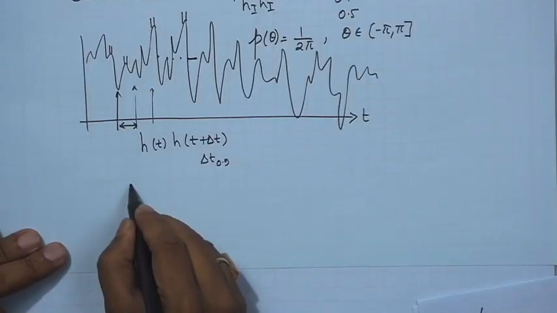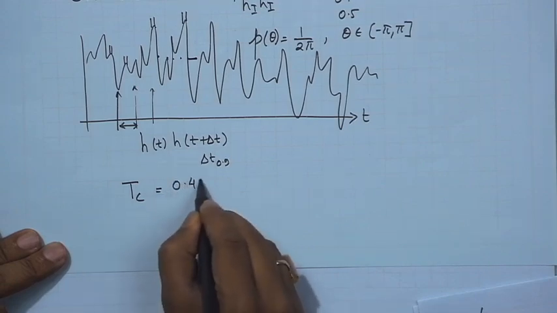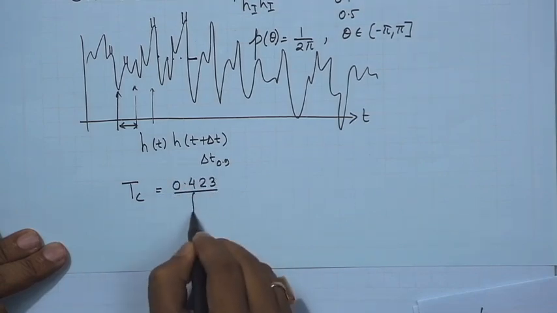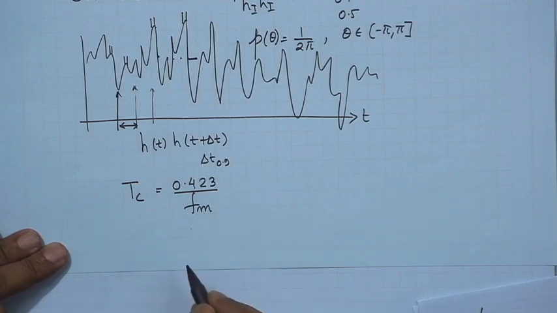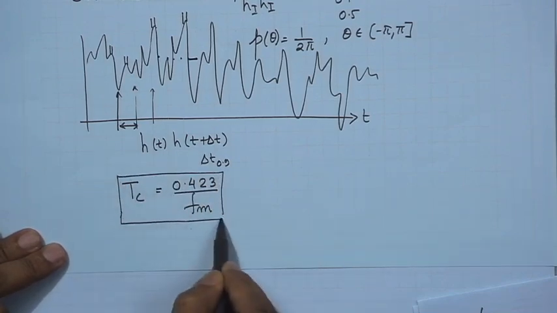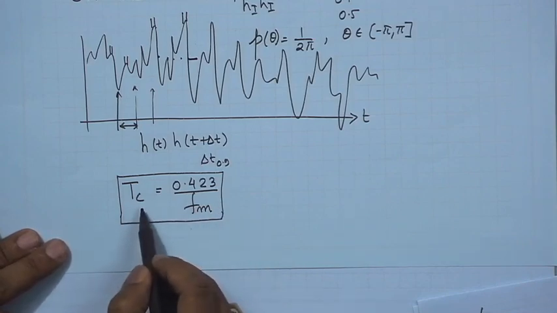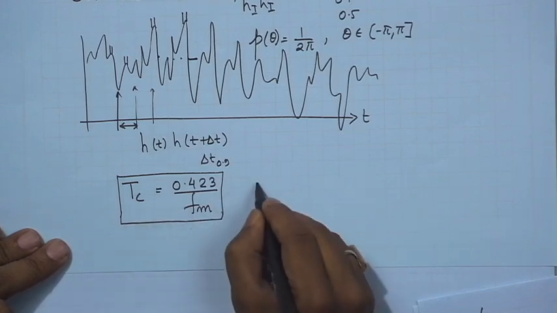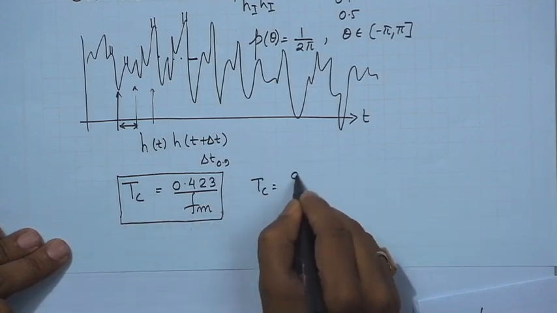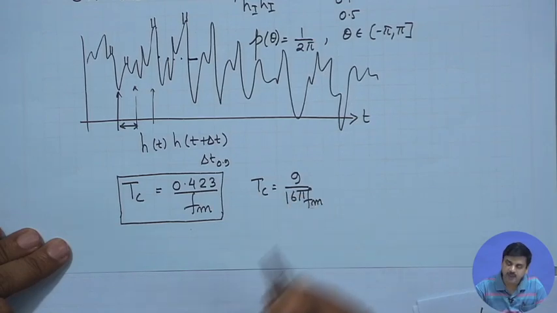There is a rule of thumb for coherence time which is mentioned as 0.423 by fm. So, if you use this particular formula, you would get a rough calculation of the coherence time for a particular signal. A little bit stricter definition of coherence time would be 9 by 16 pi fm.